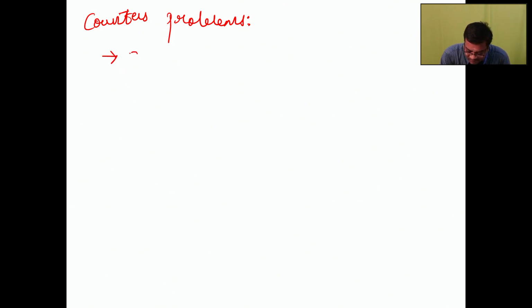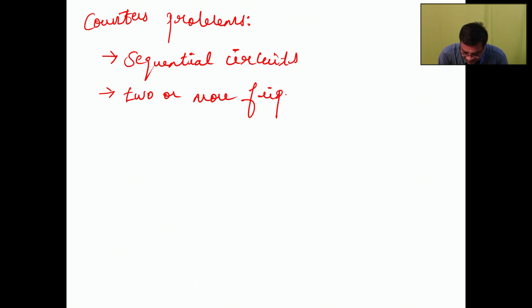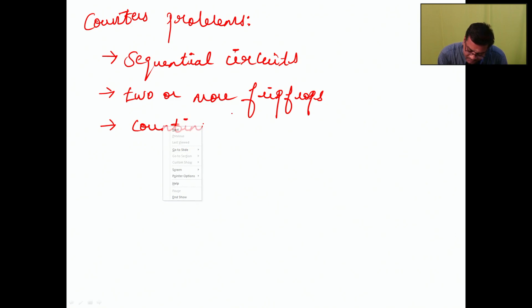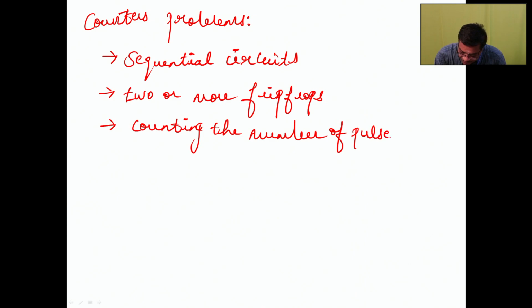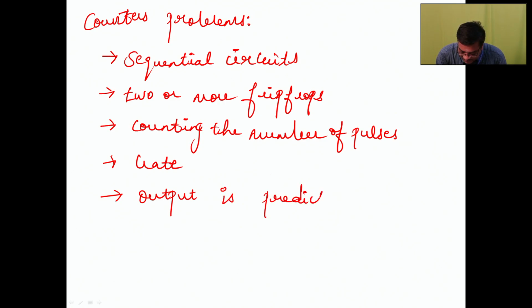So a counter is a sequential logic circuit consisting of 2 or more flip-flops, and counting the number of pulses that are crossing over the gate.